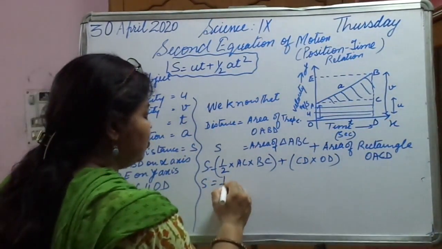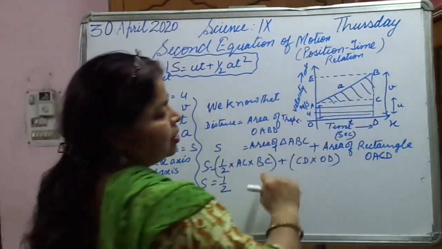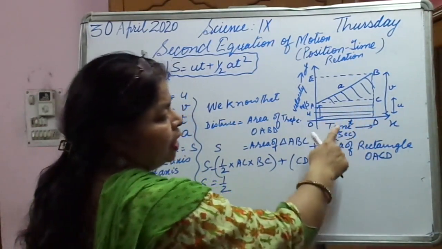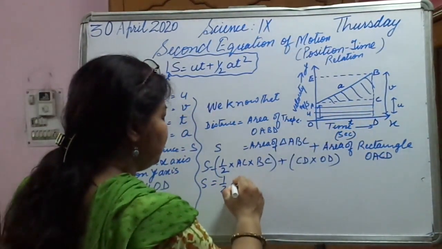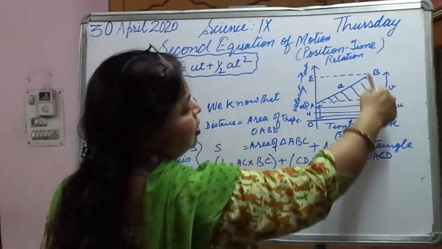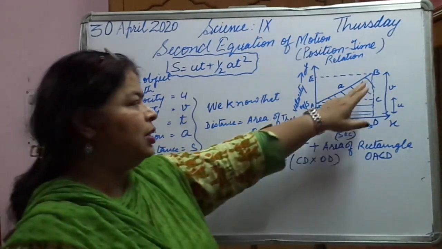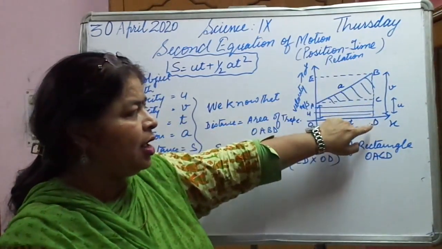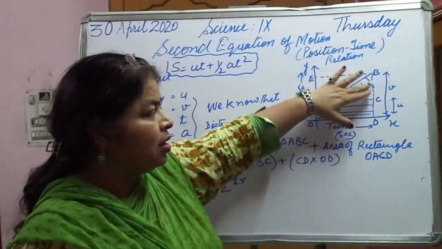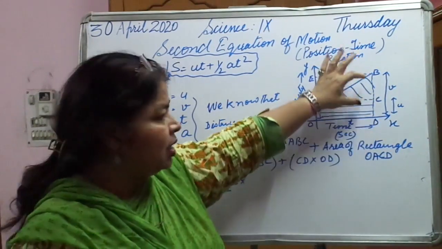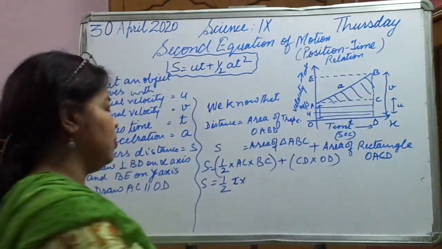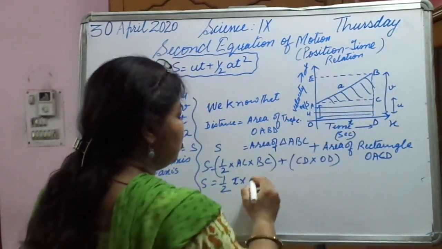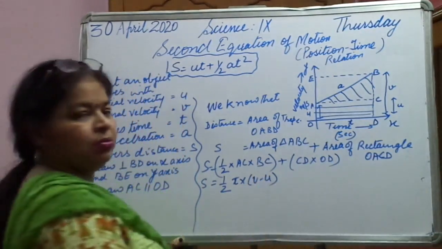What is S? S is equal to 1/2. What is AC? You can see it is parallel to OD, so we can write AC is equal to OD is equal to T. So I will write here T into BC. If you remember the first equation of motion, from there we inferred BC is equal to BD minus CD, so BC is equal to V minus U. Fine.